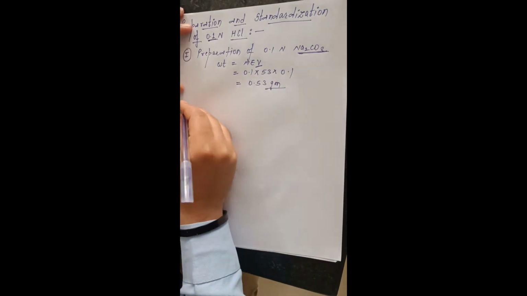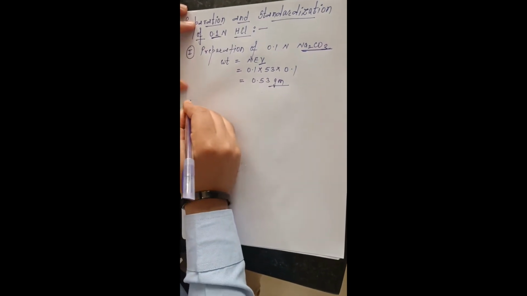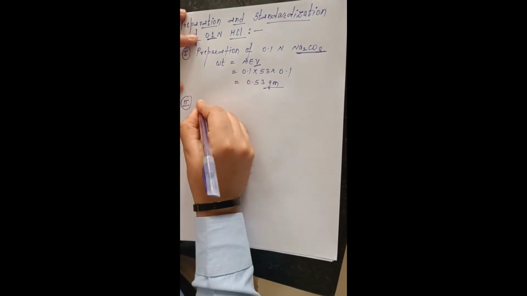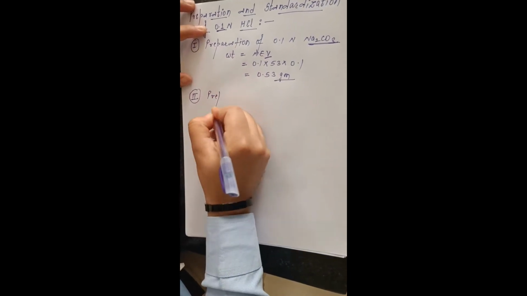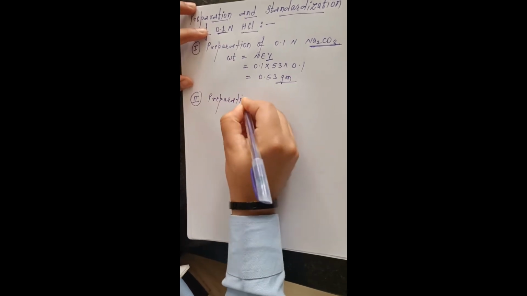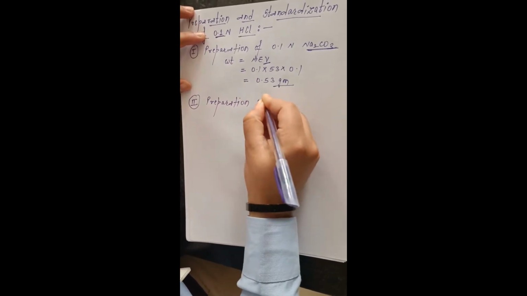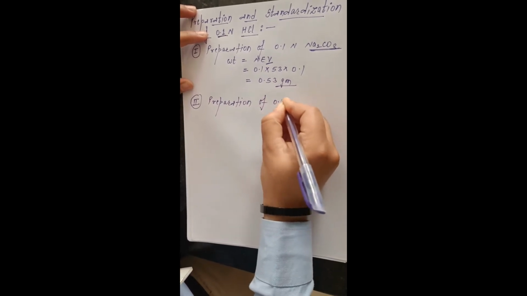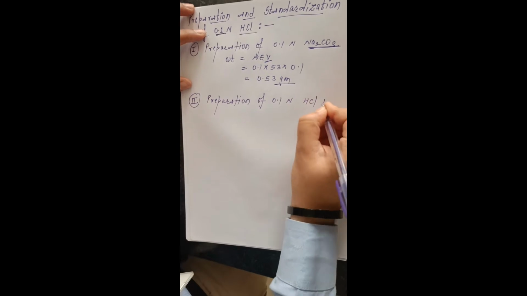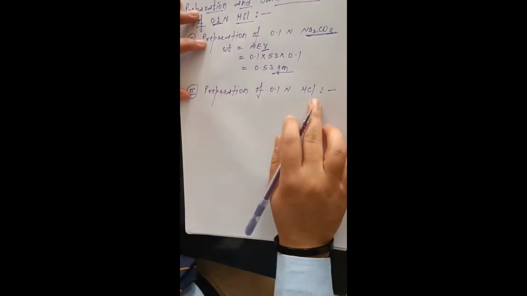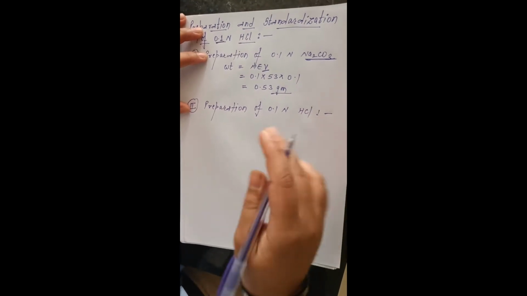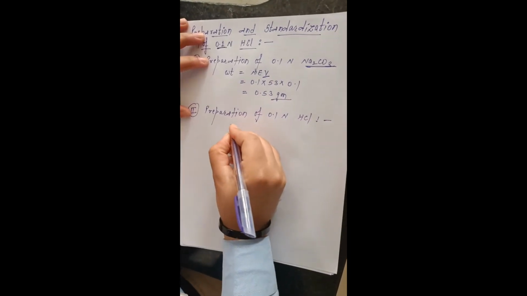Now we will talk about the secondary standard, the preparation of 0.1 normal HCl, which we will fill in our burette. Because it is in liquid form, we will apply the formula N1V1 equal to N2V2.